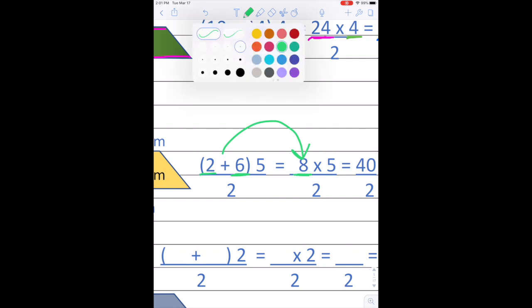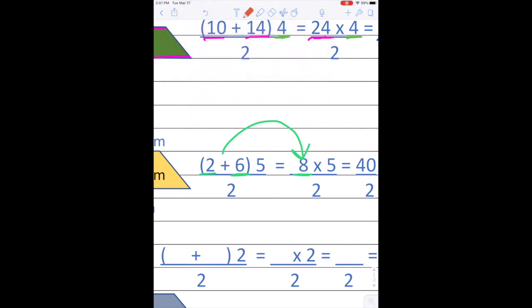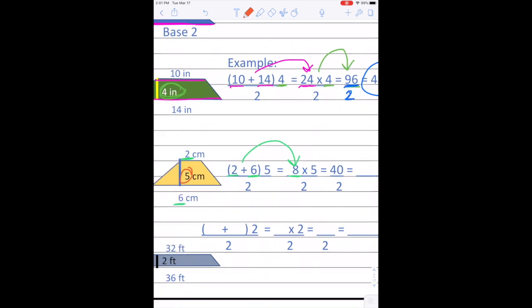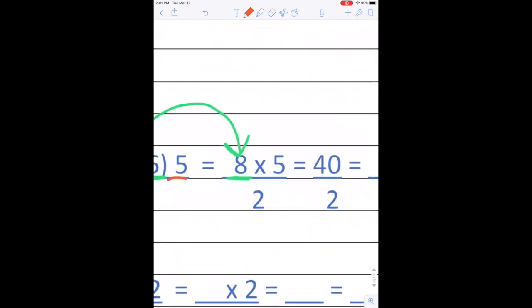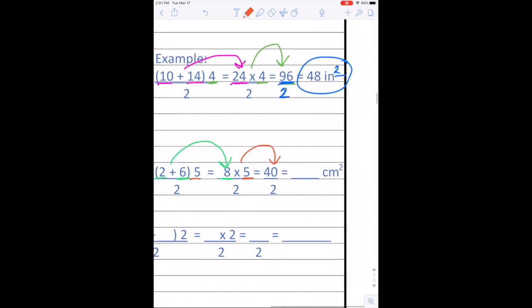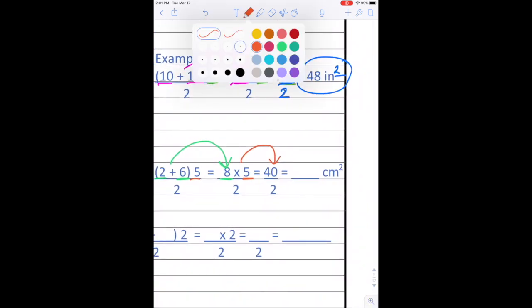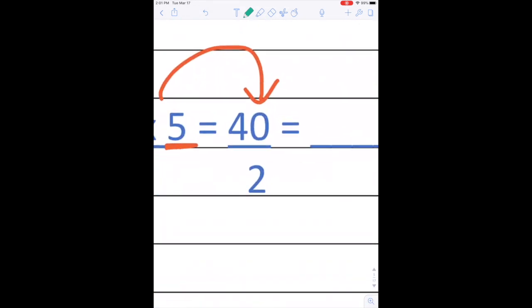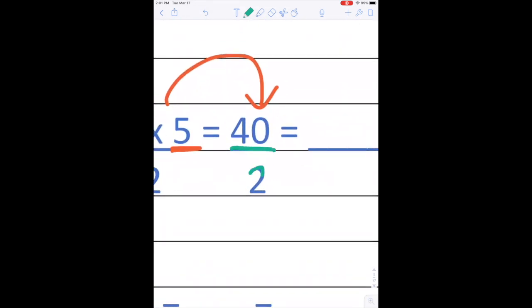Next, I'm going to multiply by my height. My height for this is 5. So I'm going to take 8 times 5, and that gives me 40. And then I got to remember my last step is still to divide by 2. So 40 divided by 2.